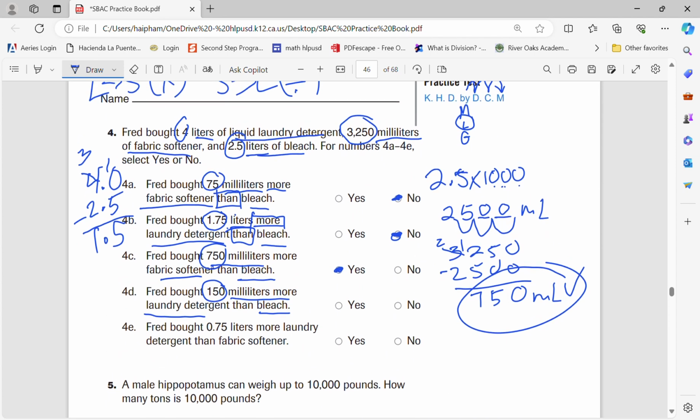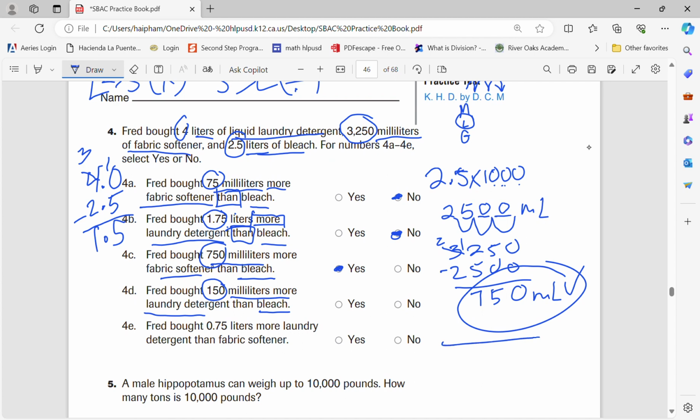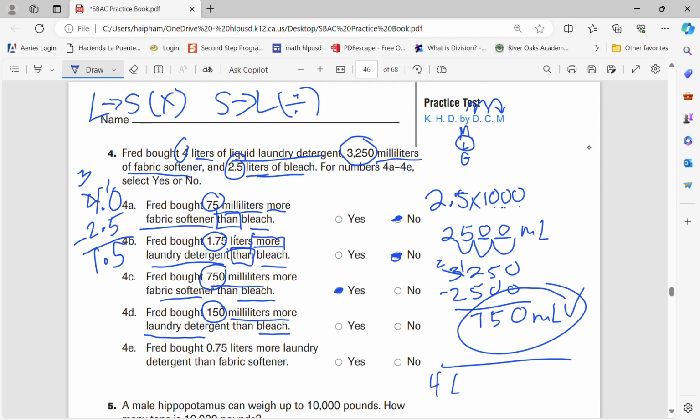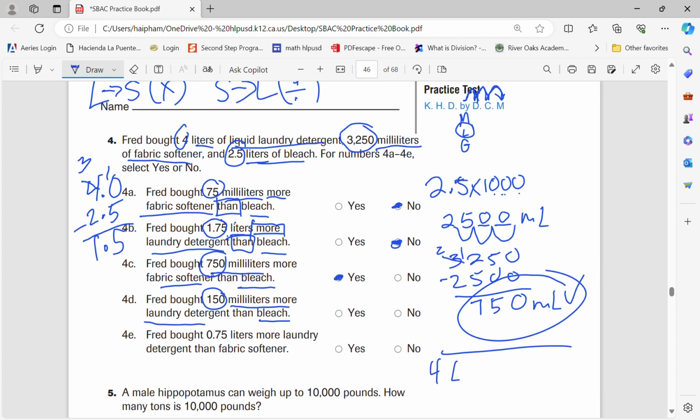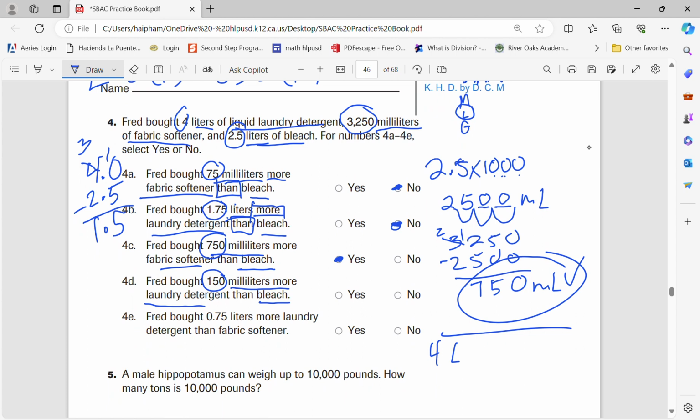Let's draw a line here so we don't get our numbers mixed up. 4 liters, and we need to convert it to milliliters. Again, when you look at our chart here, going from liters to milliliters, we are going to go 1, 2, 3 powers of 10s, and we're going from a larger unit to a smaller unit, which means I'm going to multiply here. So let's go ahead and multiply that by 1,000, which would give me 4,000.